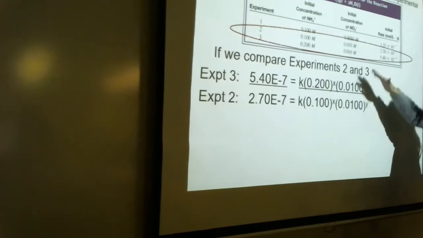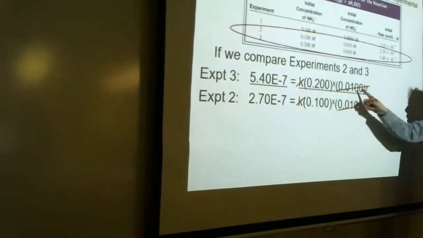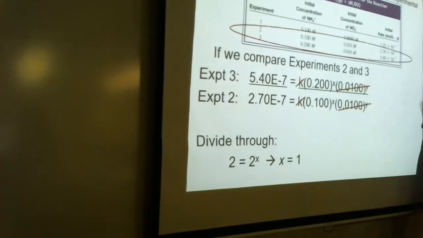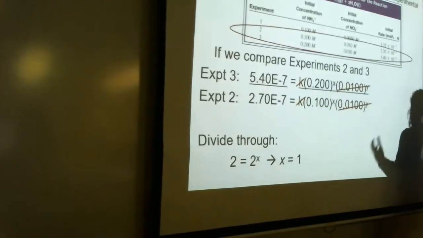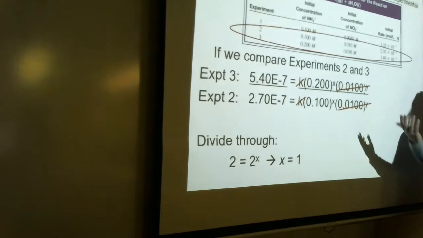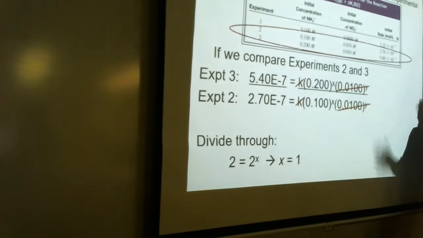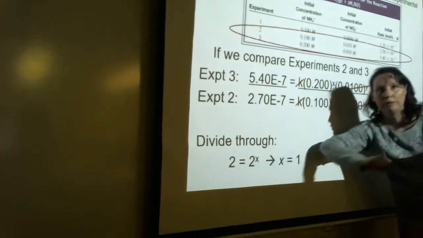When you divide these two by each other, right, k cancels, 0.01 to the y cancels, and I divide this by this, 2 is equal to 2 to the x. What must x be? x is 1, right, because anything to the first is itself. So that's why we did the sidebar on how to solve for x in an exponent if it's not something that you could readily tell.